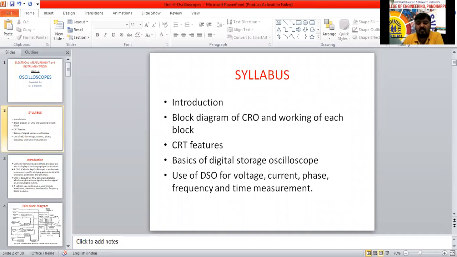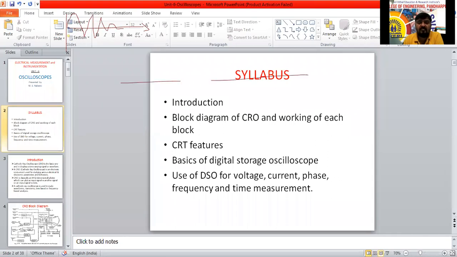Here the x-axis, the horizontal axis, is time. With respect to time, the magnitude changes, and it is going to display that time-varying signal.